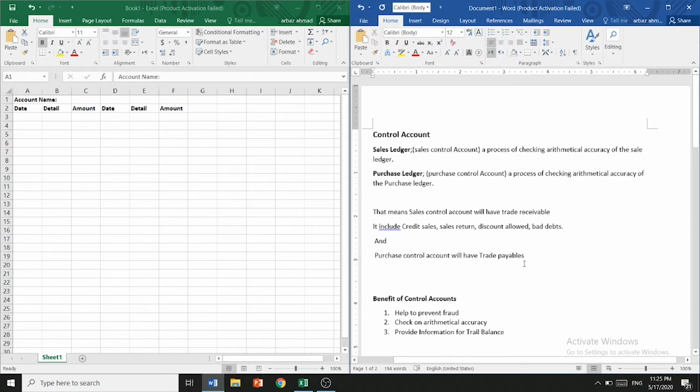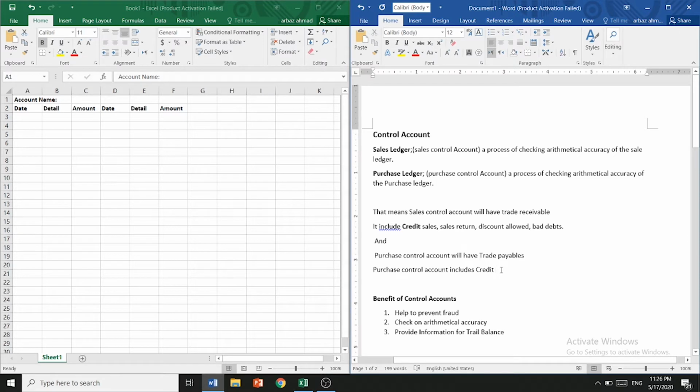Now here, purchase control account includes all the credit purchases. Let me highlight on that, because the credit word is very important, because if we see the sales ledger account, the trade receivable will only include the sales which are on credit, right?